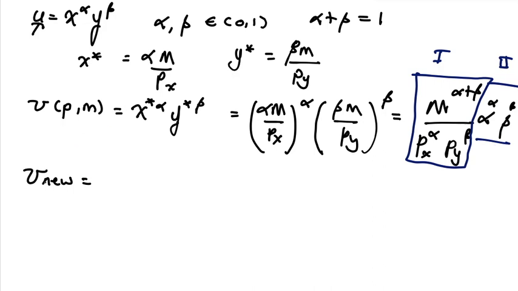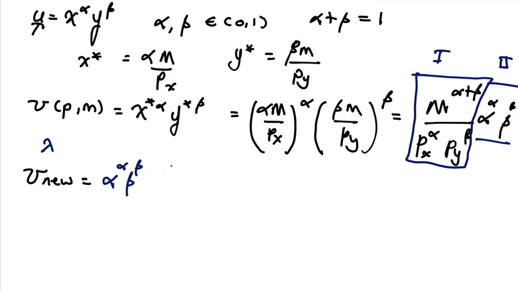So for the utility function, we need to multiply by a constant, call it lambda, instead of t I use lambda. And the constant, the second segment here, stays the same, that is alpha to the power of alpha, beta to the power of beta.